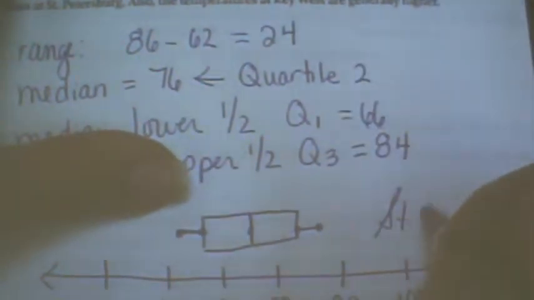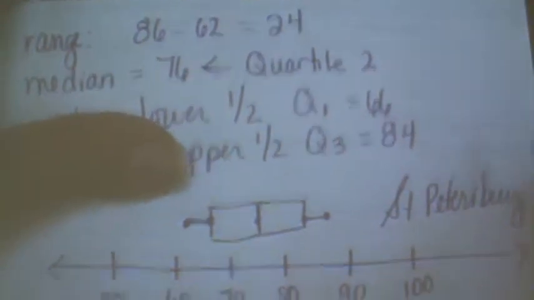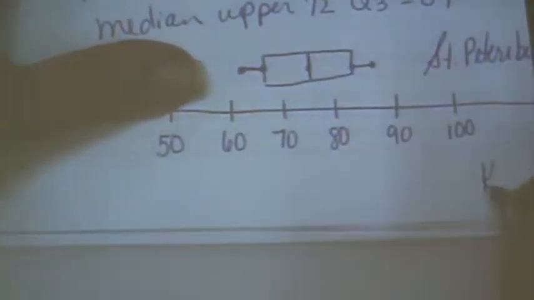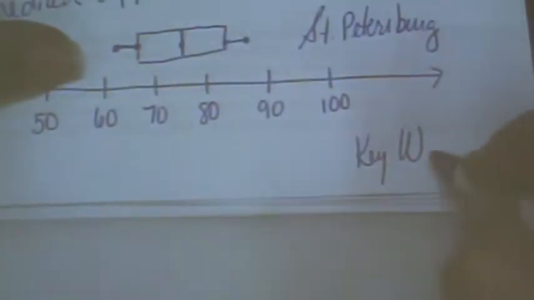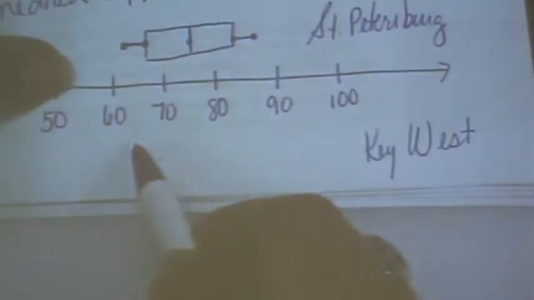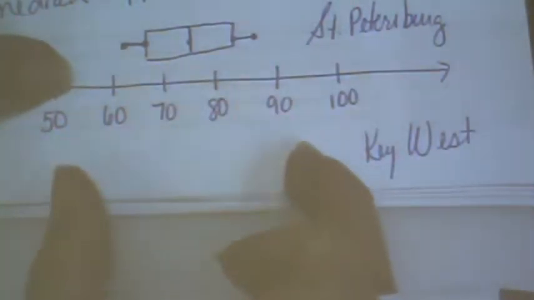So if you wanted to compare two sets of data, I would make this St. Petersburg, and then down here I would do Key West. And I would create another box and whisker underneath here, and then you can compare your data.